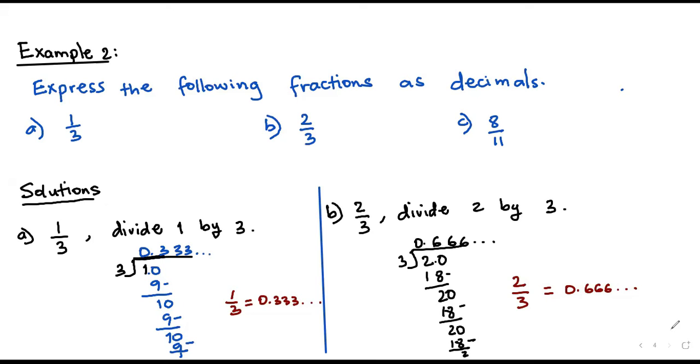We have 8 out of 11, so we have to divide 8 by 11. What do we get? 0 and a point.